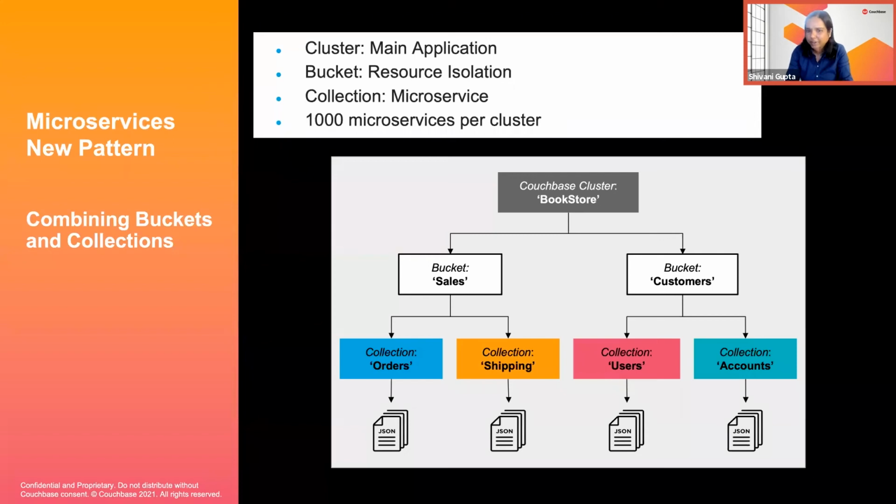That way you can give more resources to the sales bucket, because you can control the RAM allocation, the IO priority, and the disk queue at the bucket level. So by combining buckets and collections, you can have both resource isolation as well as scale for your microservices.